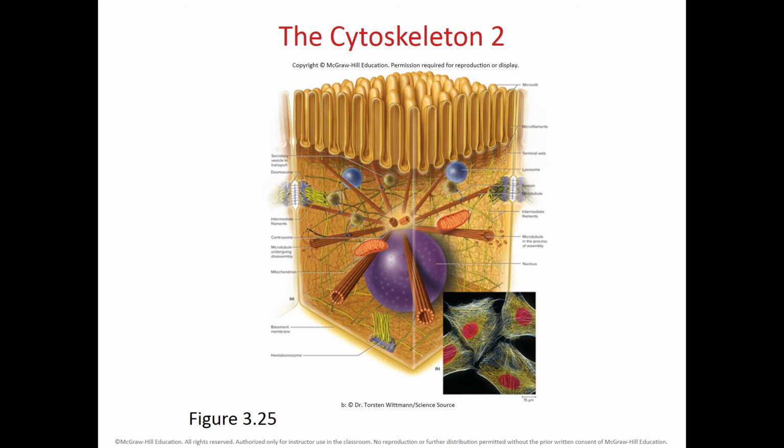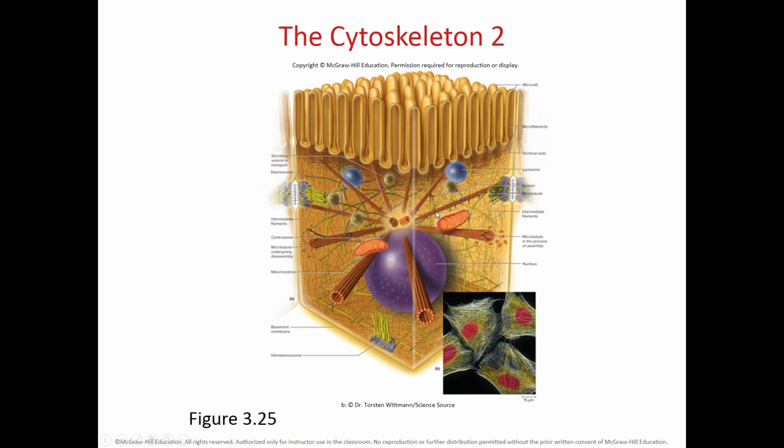So in this figure, you can see the three cytoskeletal proteins. So this will be the microtubules with this tubulin protein. And then you have here actin filaments, which are also known as microfilaments, forming part of this microvilli.